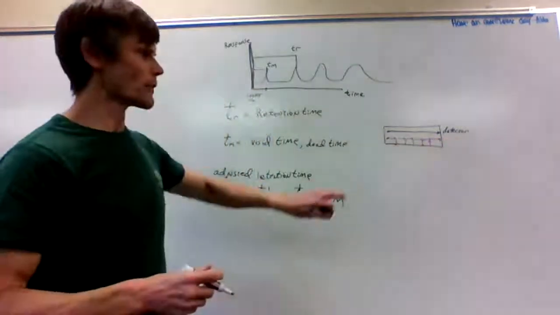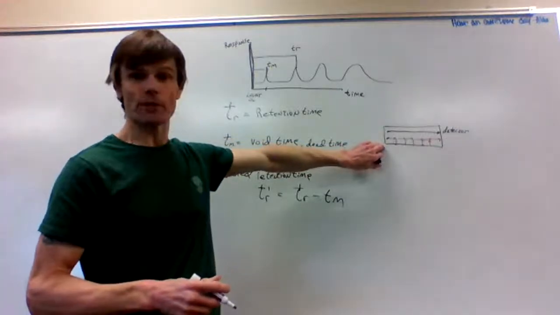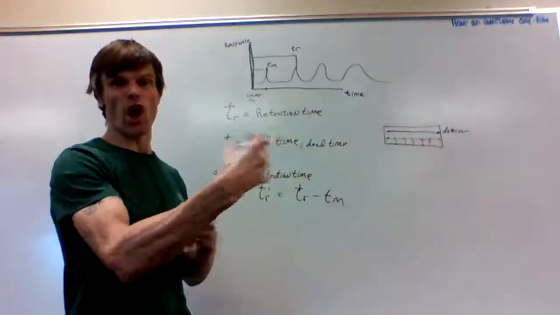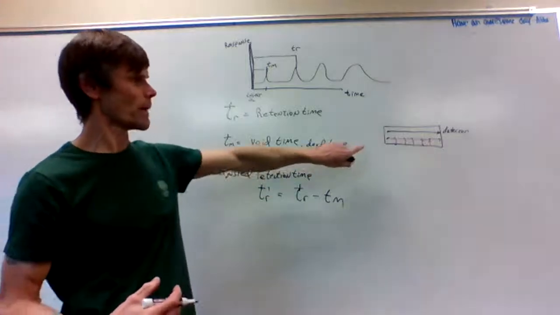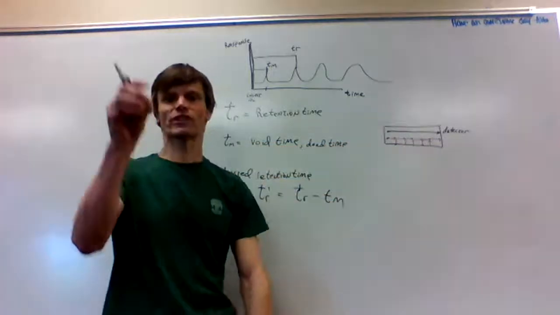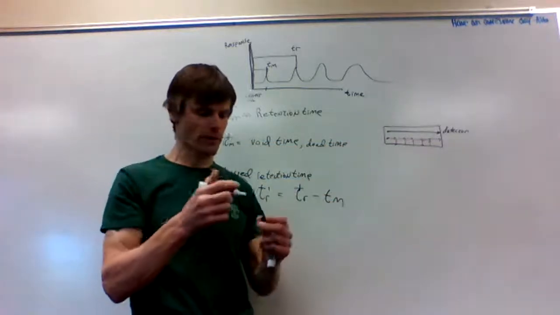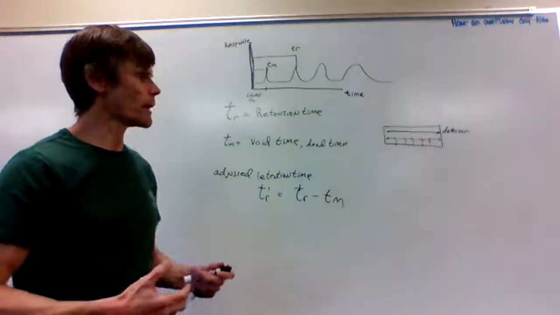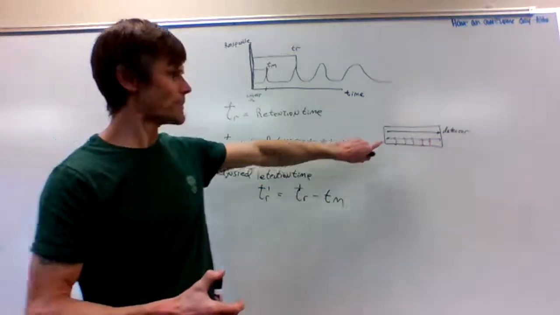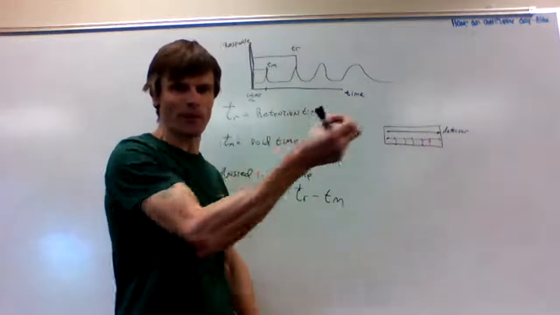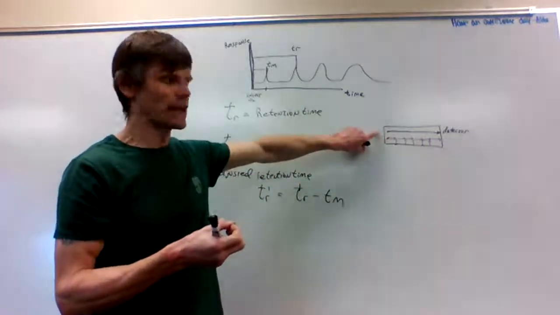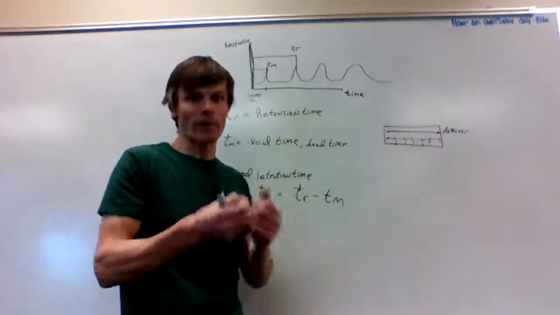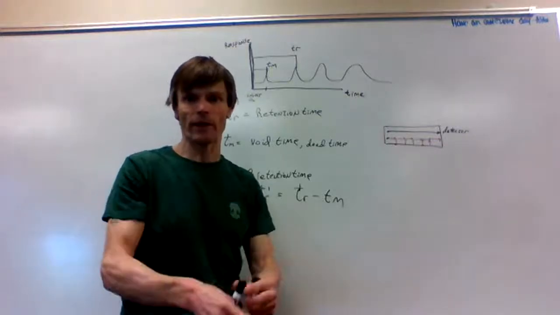And we would recognize that the species that we're interested in takes a longer time to reach the detector because of all these events in which it's interacting with the stationary phase. So if we think about it, the time that it spends in the mobile phase is going to be the same amount of time that our non-retained species is in the mobile phase.